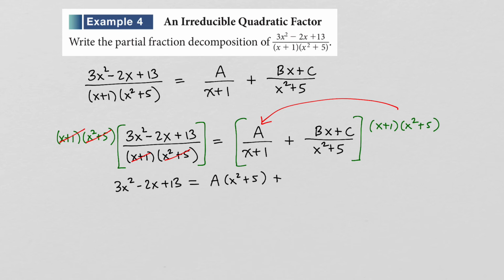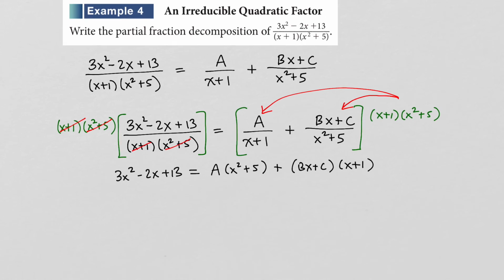Plus, when you multiply the second term here, x squared plus 5 cancels with x squared plus 5, and that means we will have bx plus c multiplied by x plus 1. Now, this is a little bit more complicated in terms of finding your coefficients. So we're going to talk about how to do that now.